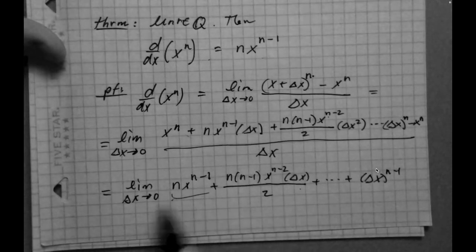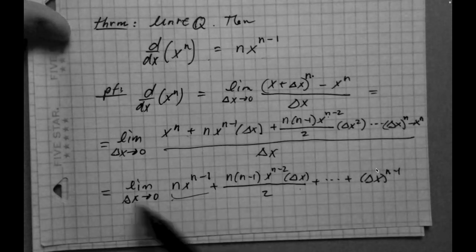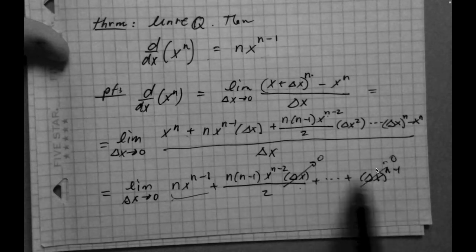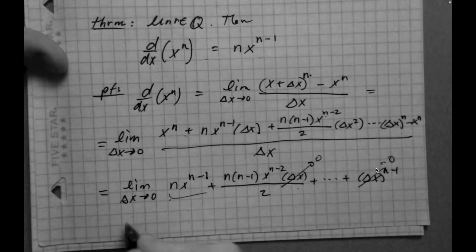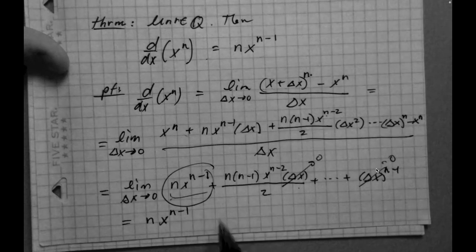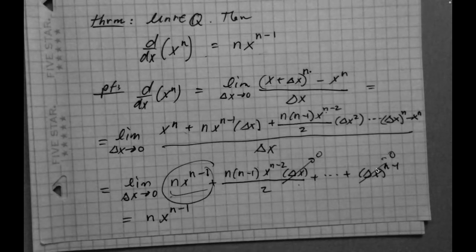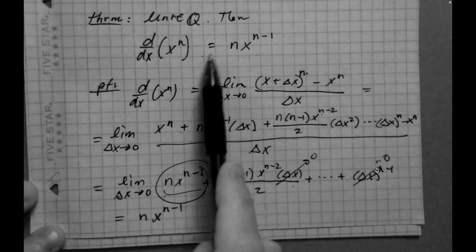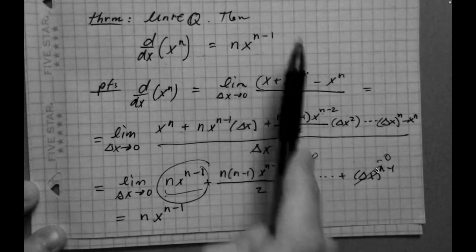So naturally, when delta x approaches 0, all of the terms in the expansion go to 0 except for this one, and that's where you get your derivative from. So the derivative of x to the n is equal to n times x to the n minus 1.